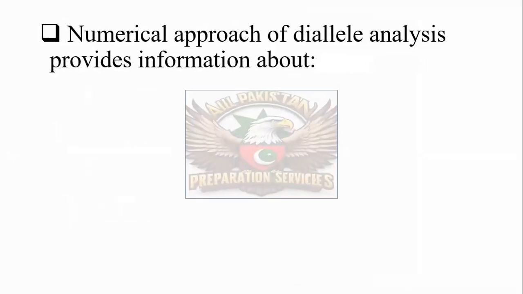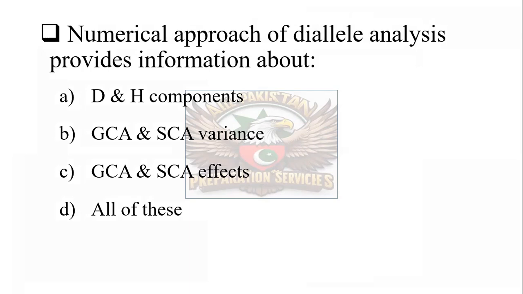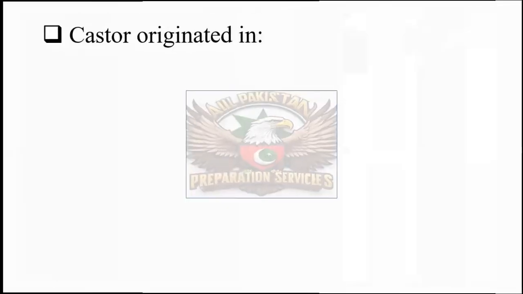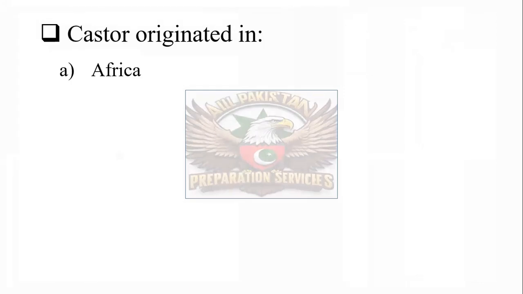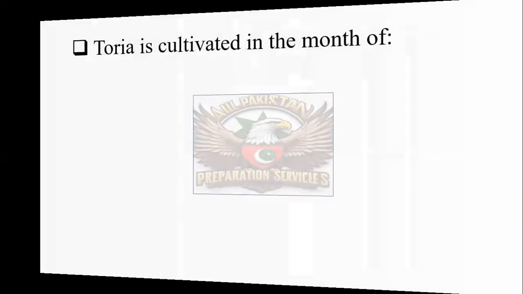Next one: numerical approach of diallel analysis provides information about D and H components, general combining ability and specific combining ability variance, GCA and SCA effects, or all of these? The correct one is all of these. Castor originated in Africa, India, Nepal, or Mid East? The correct one is Africa.